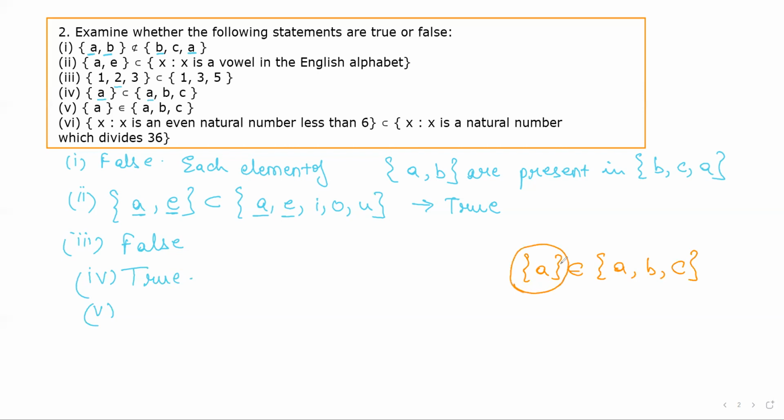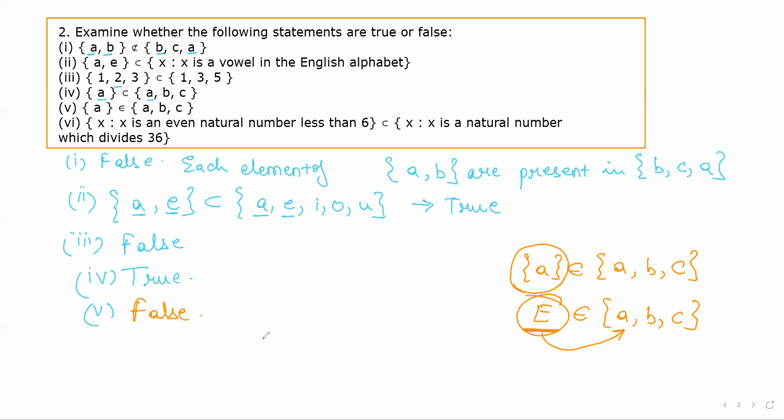Now it is written in curly braces and we know that it is a set. So let's give it a name. Let us consider E = {A}. If you consider this as an element, then this element should be present in the set. Now this is not true, hence this is false.